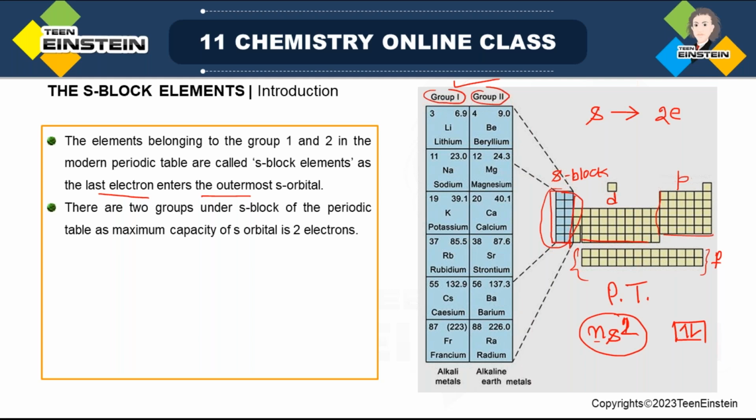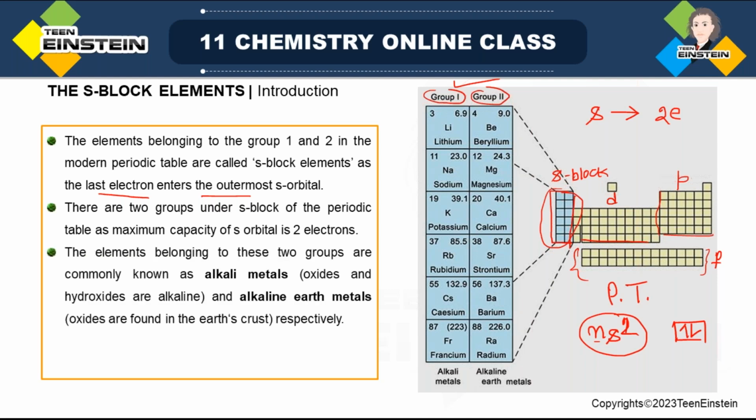So the elements belonging to group number 1, we commonly call alkali metals. Here you can see the first group is mentioned as alkali metals. Now why are we calling them in such a way? Because the oxide compounds of these elements under group 1 and their hydroxides are alkaline in nature. What is oxide? What is hydroxide?